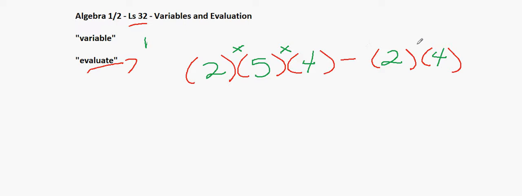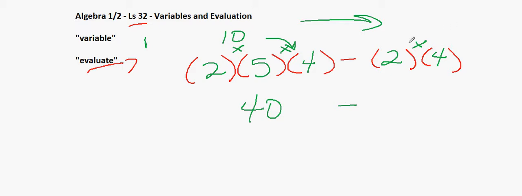You don't have to show that, but now we're ready to solve. Left to right PEMDAS. 2 times 5 is 10, times 4 is 40, minus 2 times 4 is 8, right? And 40 minus 8 is 32. See why they taught us order of operations before we got to this?